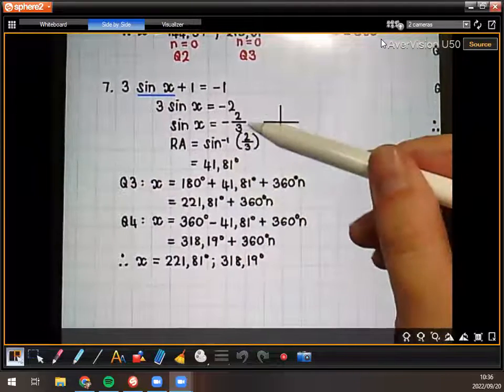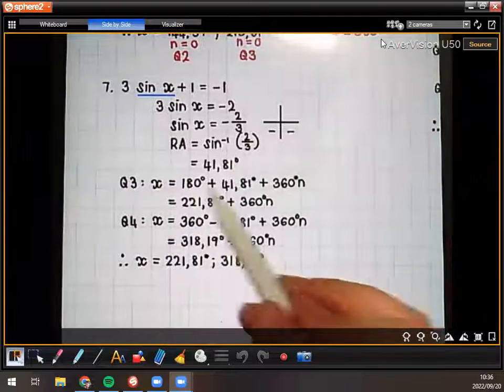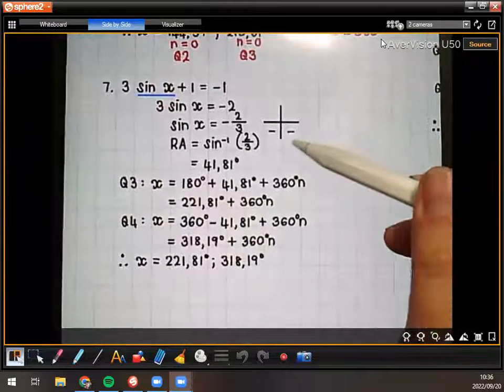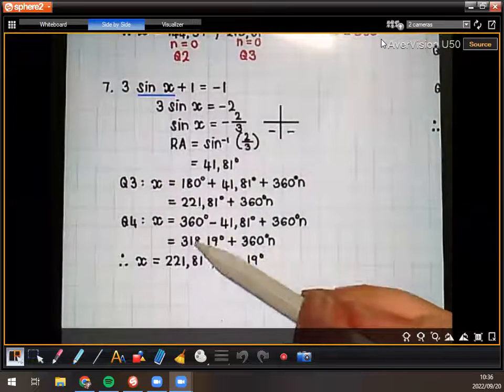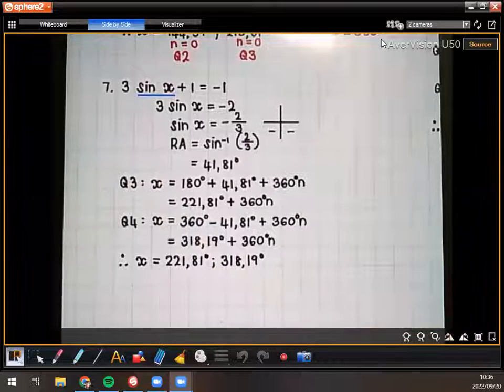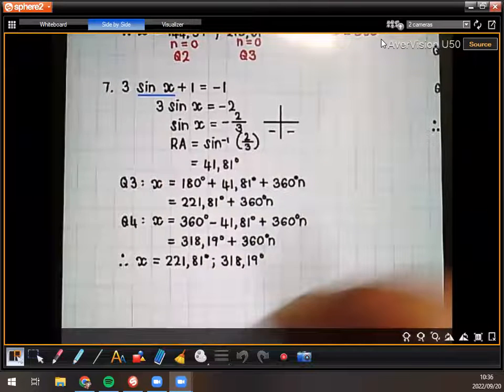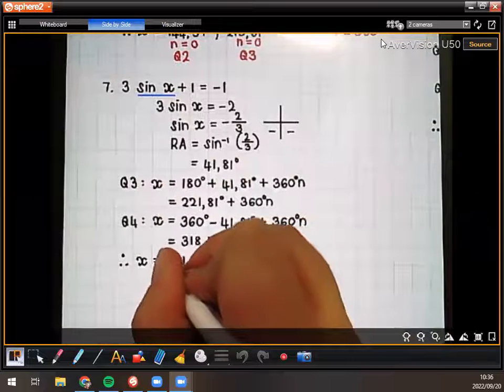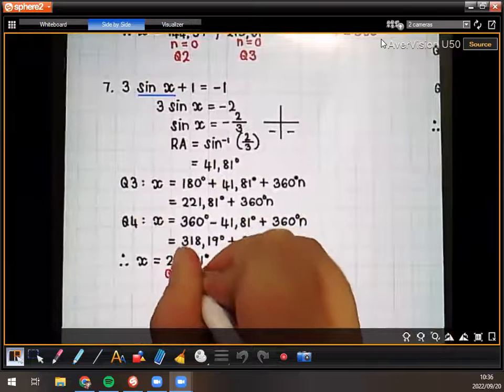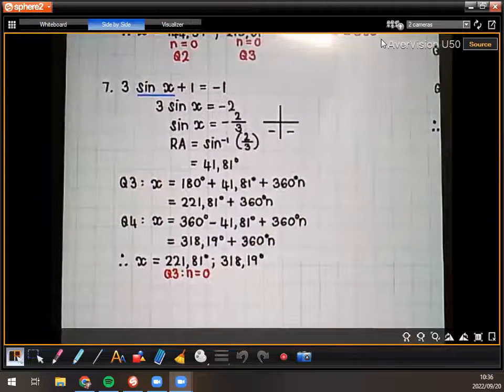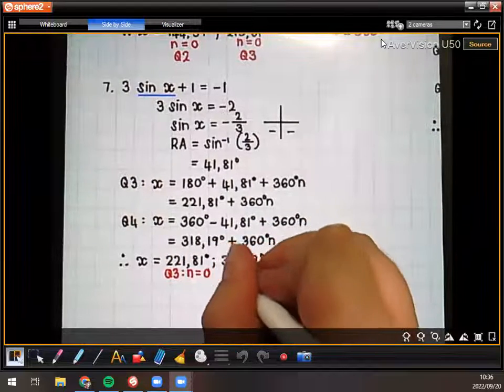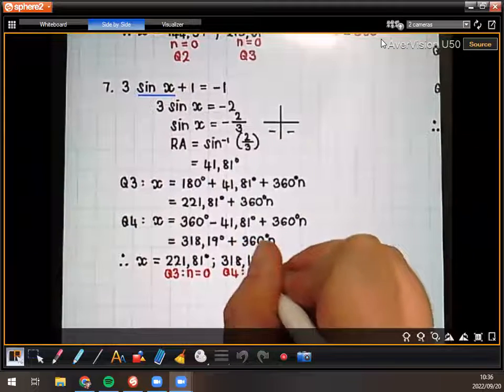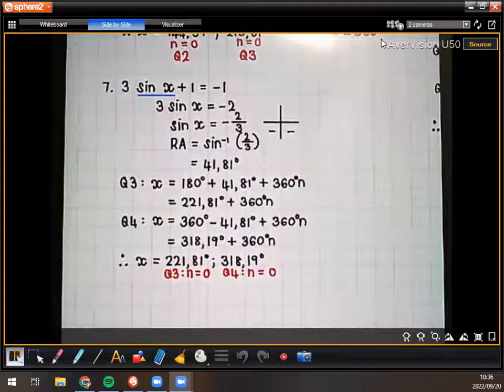But because it was negative, we're working in quadrant 3, which is 180 plus the reference angle, and quadrant 4, which is 360 minus 30. Again, in my quadrant 3 solution here, I did n equals 0 to get that answer. And my second answer was from my quadrant 4 solution, also n equals 0. That is how I got those two answers.